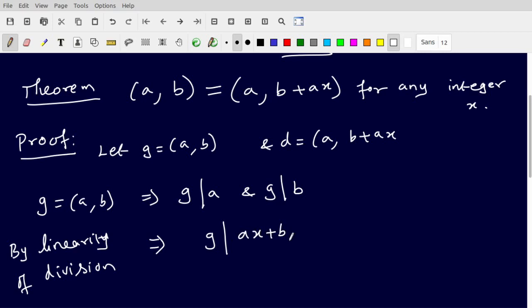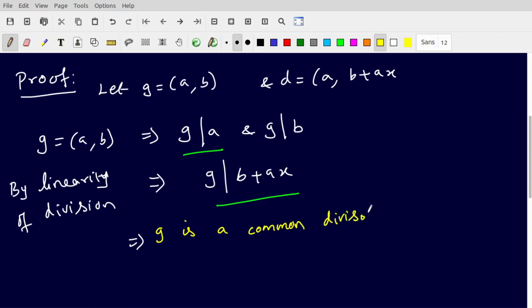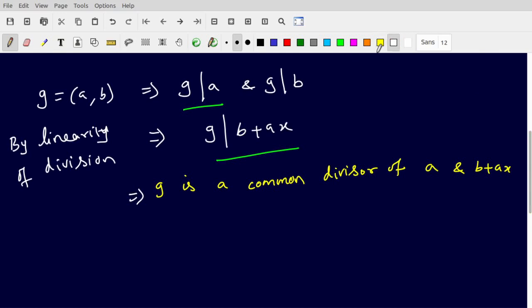Here I take Y equal to 1, so G divides B plus AX. G divides A and G divides B plus AX, so G is a common divisor of A and B plus AX. But D is the greatest common divisor of A and B plus AX.